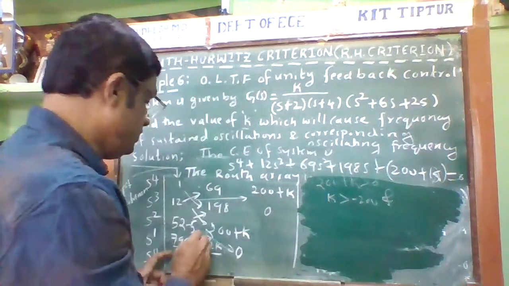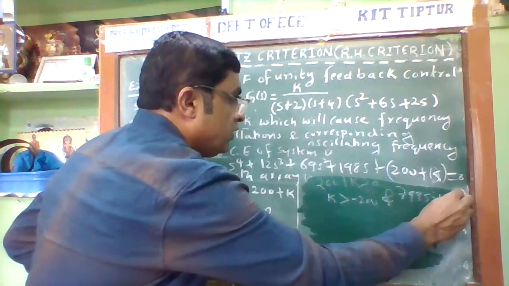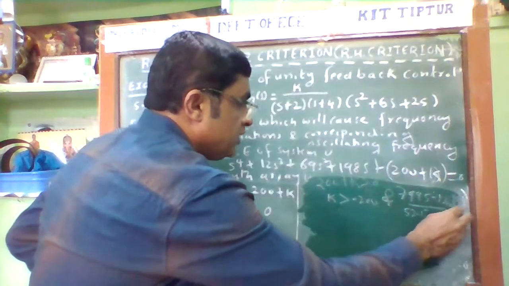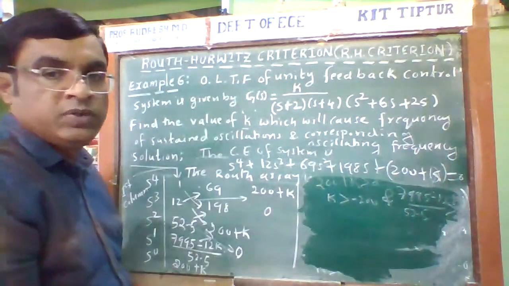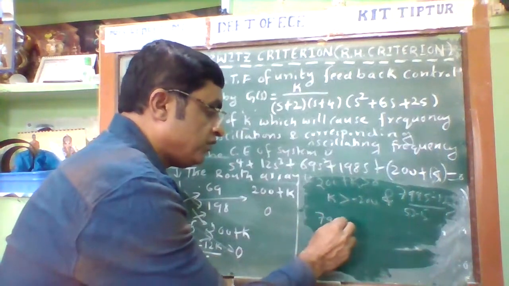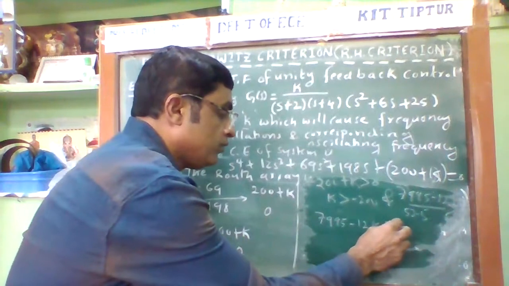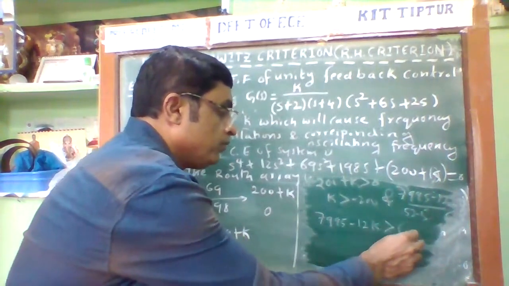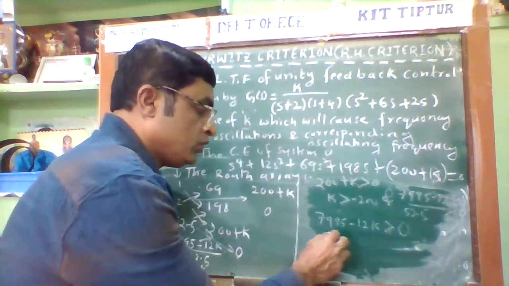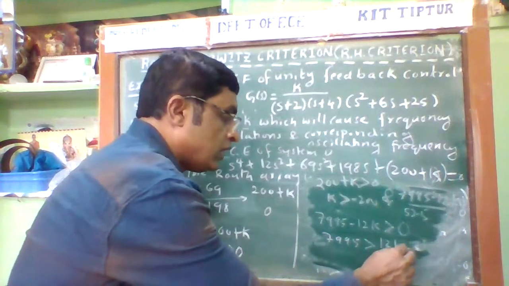And similarly, (799.95 minus 12k) divided by 52.5 must be greater than 0. Therefore, 799.5 minus 12k must be greater than 0. Therefore, 799.5 must be greater than 12k.